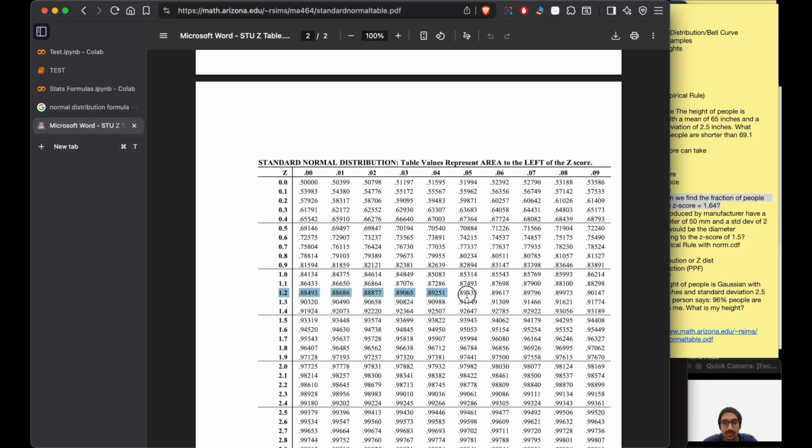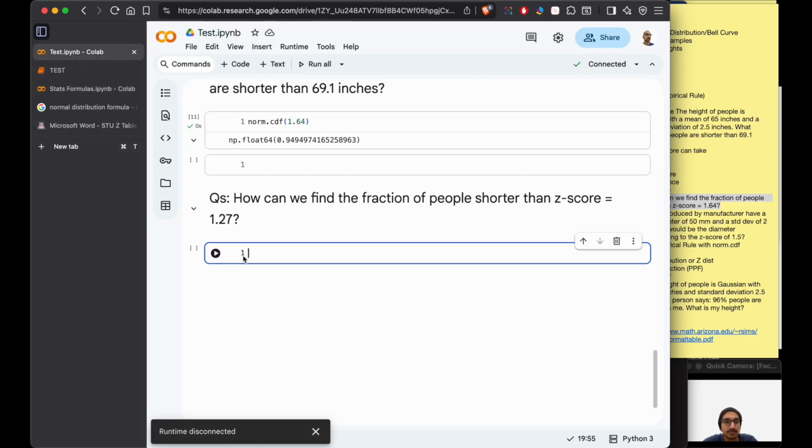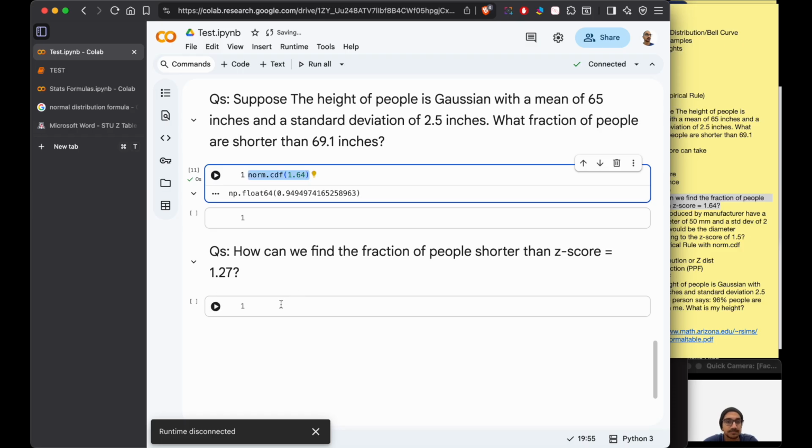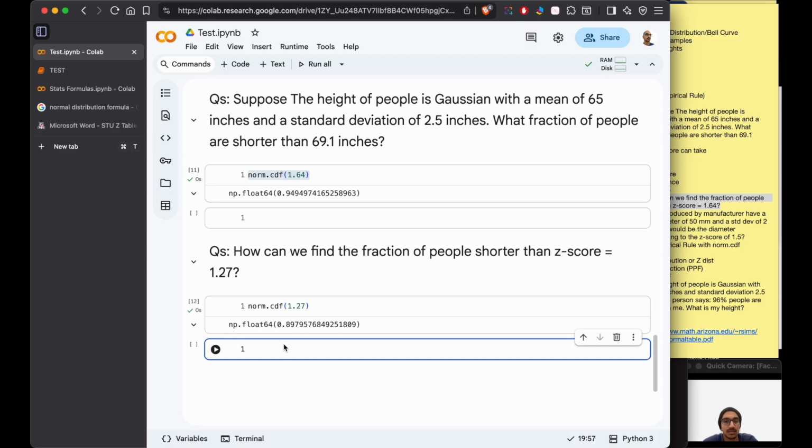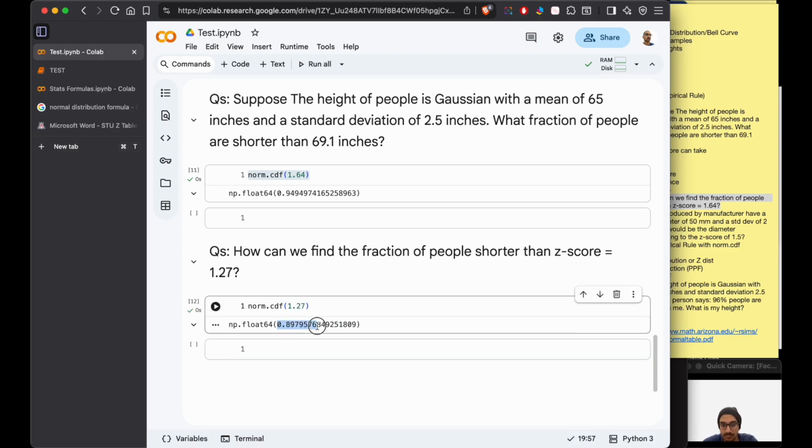So 1.2 and 07, that will be 0.89796, which is 89.7%, right? And if we directly use the same norm.cdf and pass 1.27, the z-score, you see exactly 0.897.